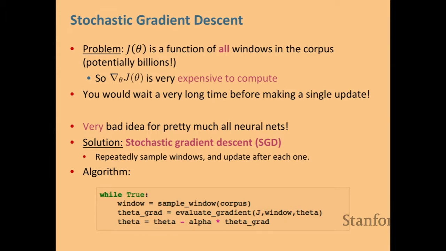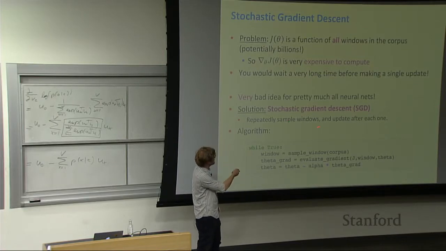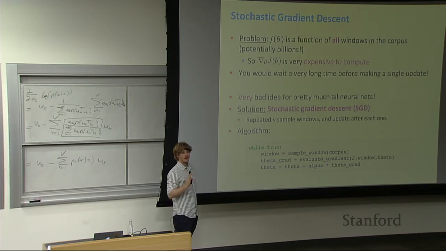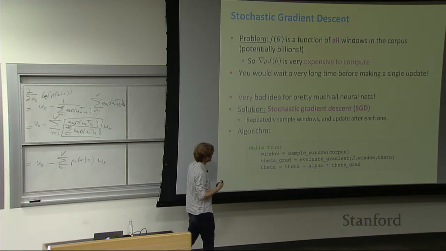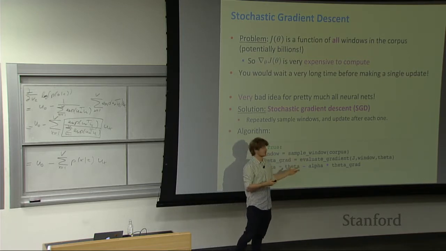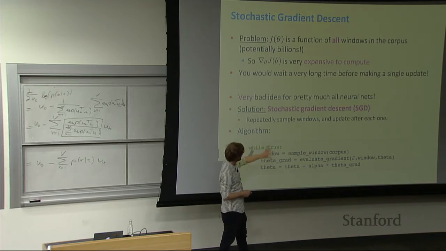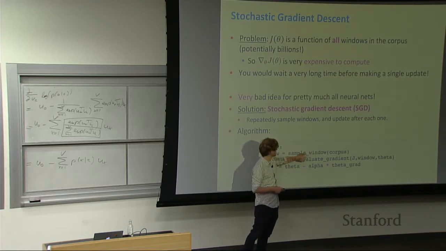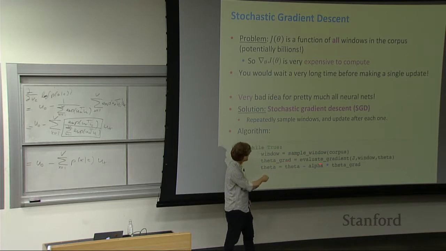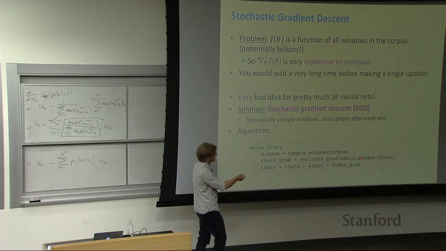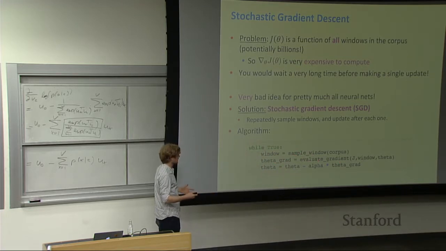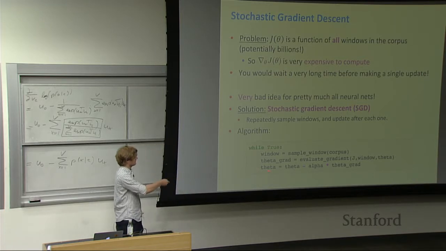So in our case, where does the stochasticity come in? We'll essentially sample windows from the corpus, and we'll make an update right away. And in each window, we'll only have certain sets of word vectors, right? But in a very abstract case, we take a window, sample it from the corpus, evaluate the gradient only on that window instead of over all windows, and then immediately make an update step.